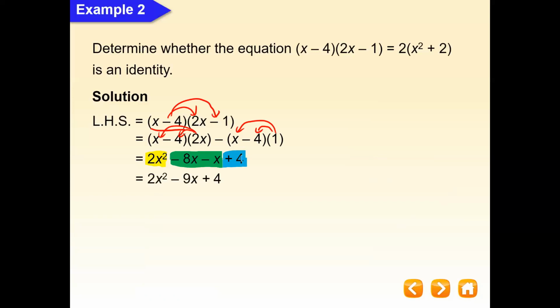Left-hand side equals 2x squared - 9x + 4. For right-hand side equals 2(x squared + 2), so equals 2x squared + 4.